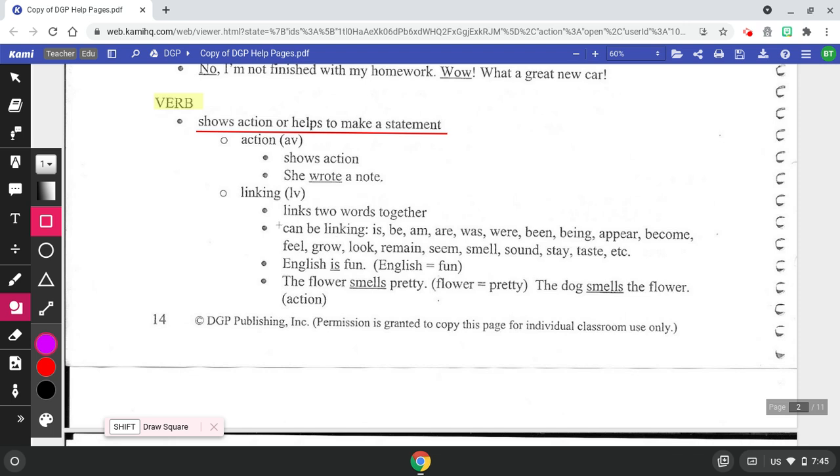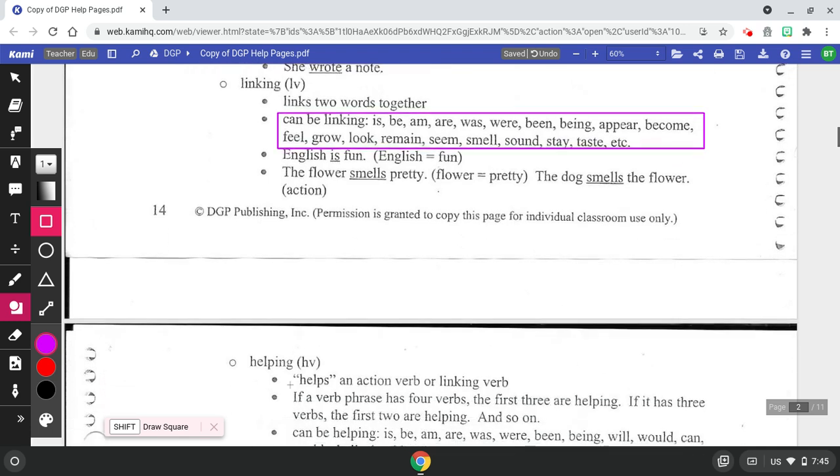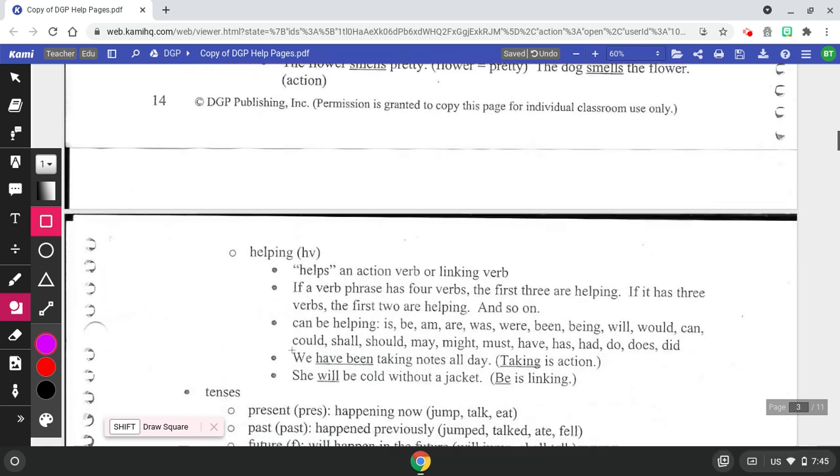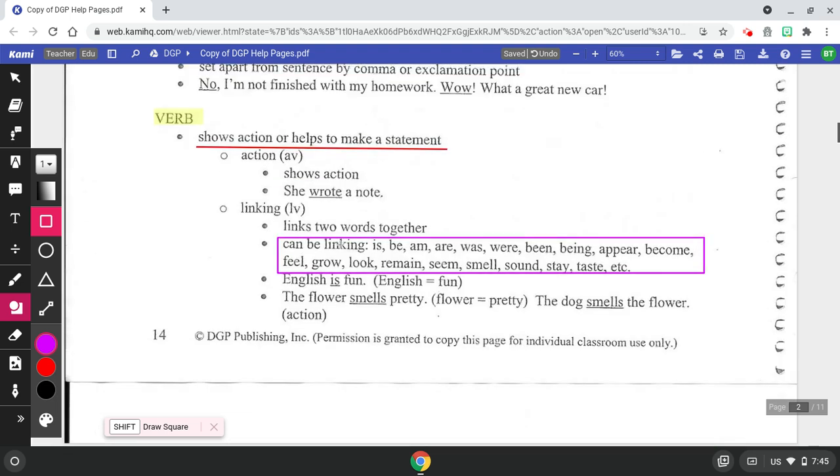Let's check this out. I'm going to go ahead and put a box right here because all of these, notice it says can be. That doesn't mean they always are. And the reason it can be, okay, they link words together. But if I look at helping verbs, you'll see some of these same words can also be helping verbs. So it depends on how it functions.